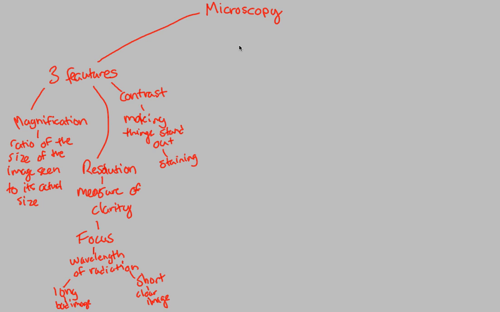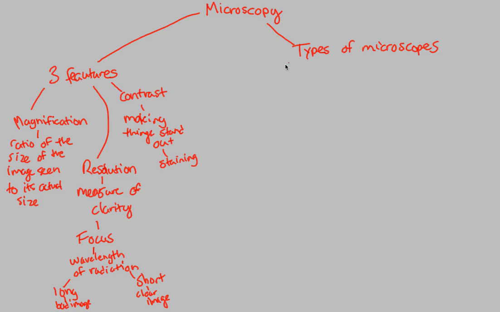The last thing we want to talk about in terms of microscopy are the two major types of microscopes. So we'll write types of microscopy. There are two types that we want to focus on and understand before we get into actual cell structure. There are two types of microscopes.